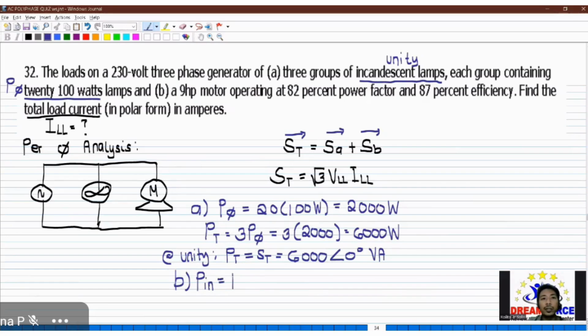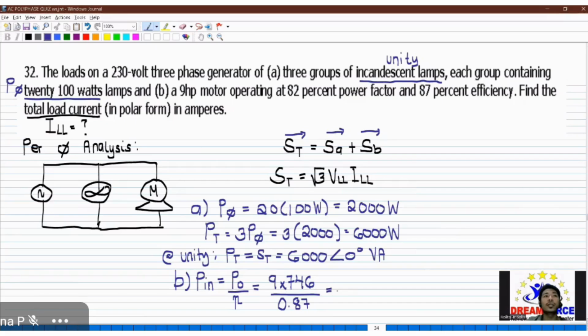Input power, so that is just the output power divided by your efficiency. Okay, so we have your 9 HP. So convert lang natin yan into its watts value. So 9 times 746, then divided by 87% yung efficiency.